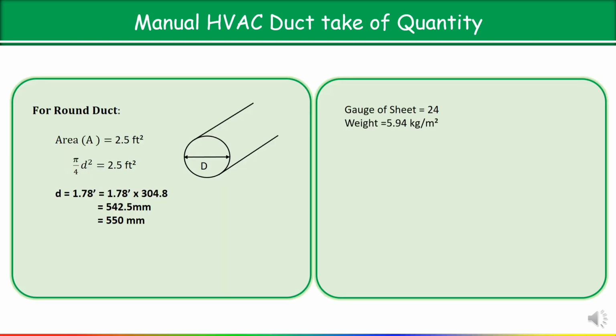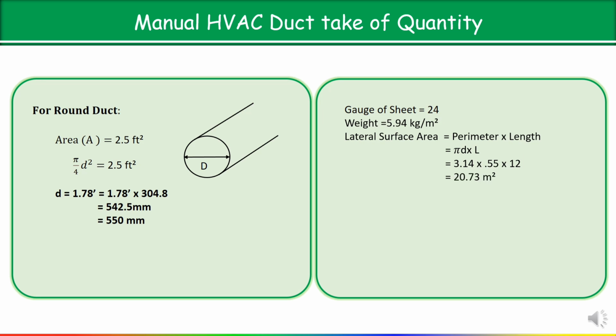Now same way, if you want to calculate the total weight for a circular duct, first calculate the lateral surface area. The formula is the same: perimeter into length. But for a circular duct, what is the perimeter of a circle? Pi d, and the length is capital L. Substitute the values: pi is 3.14, the diameter I have just written in meters, 0.55, into 12.